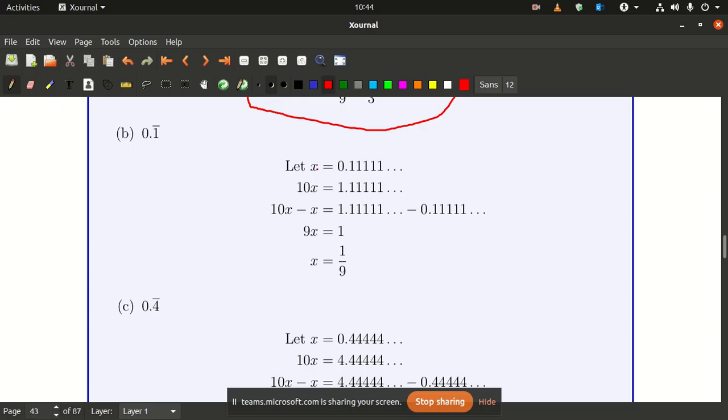Now 10x and x have the same thing after the decimal point, so we can subtract them. 10x minus x, of course we get that thing here. And of course, if they have the same numbers after the decimal point, these numbers will be gone and we'll be left with this whole number, which is a 1 here. Hence we have a 1 there.